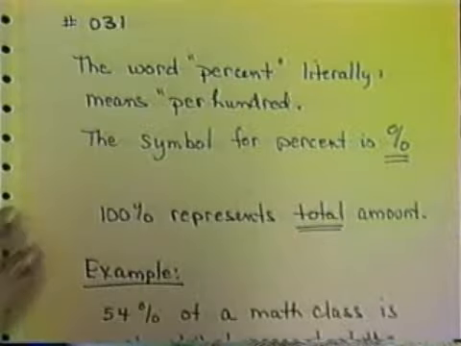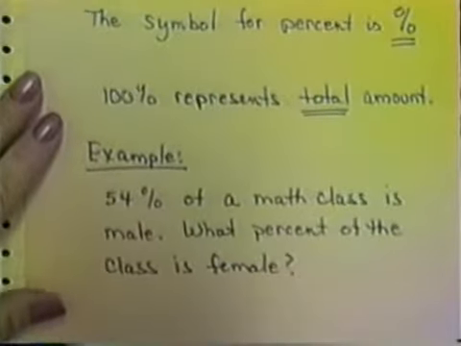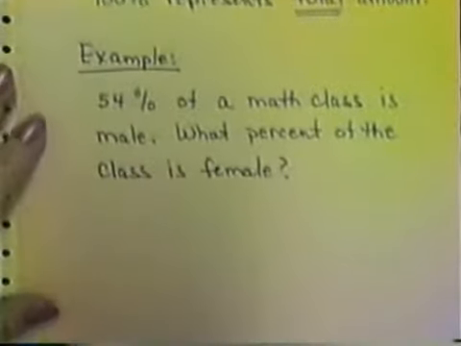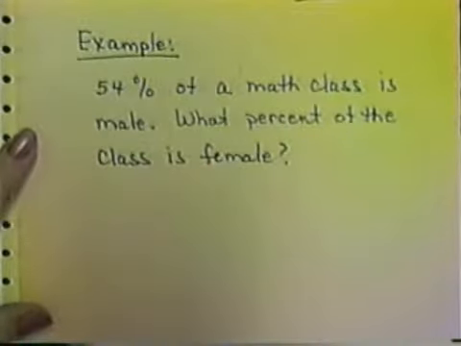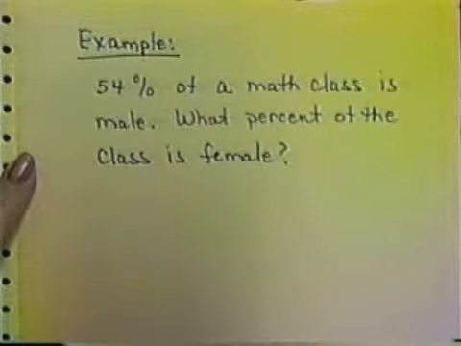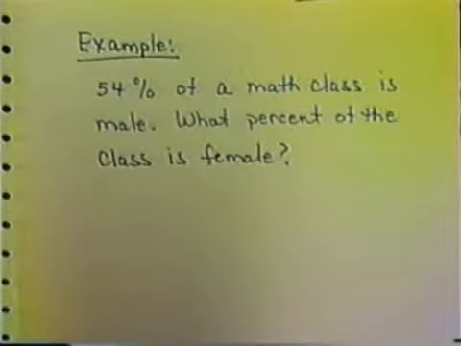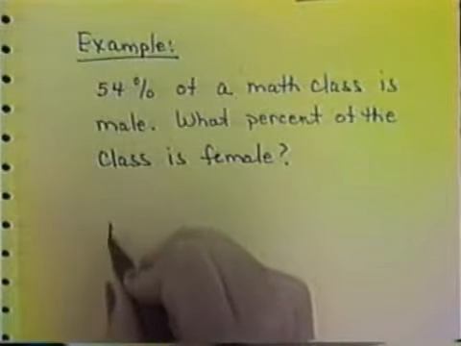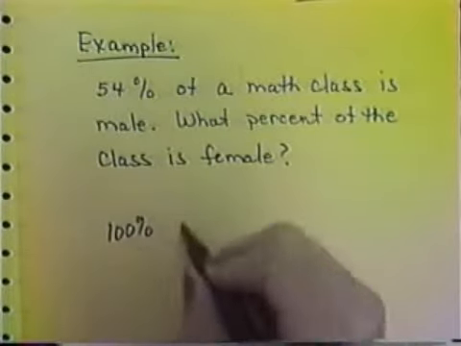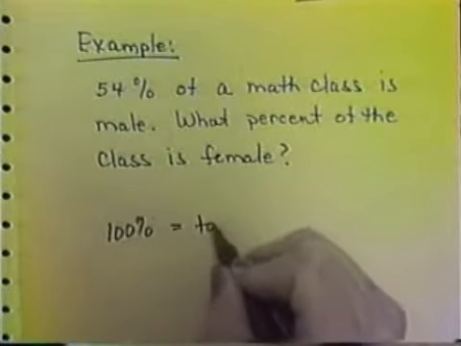Now, let's look at an example. We have 54% of a math class is male. We want to know what percent of the class is female. Well, 100% represents the total.